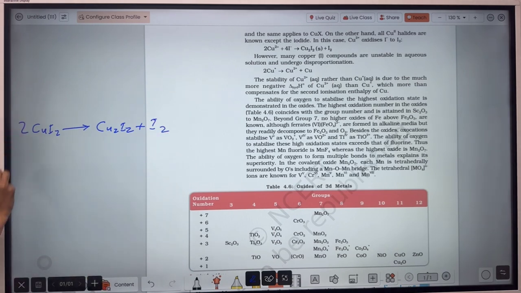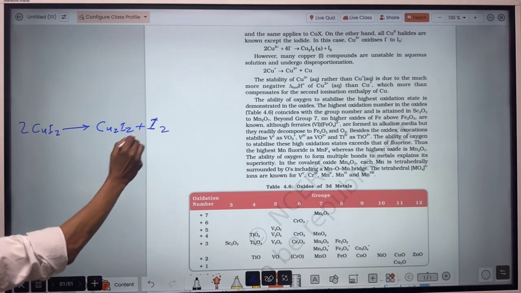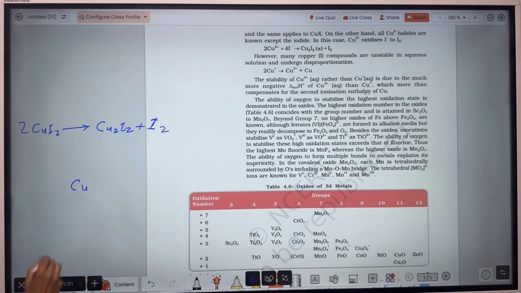So 2 moles of copper will be required here, because copper doesn't show the oxidation state of +2 with bromine and iodine.